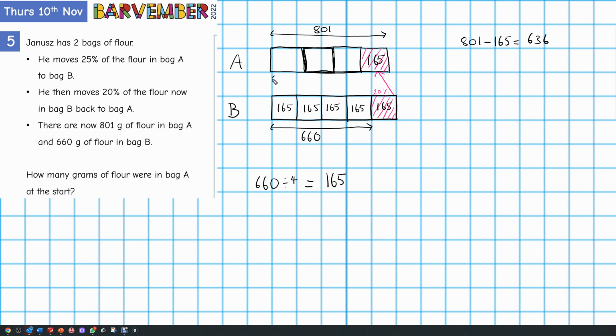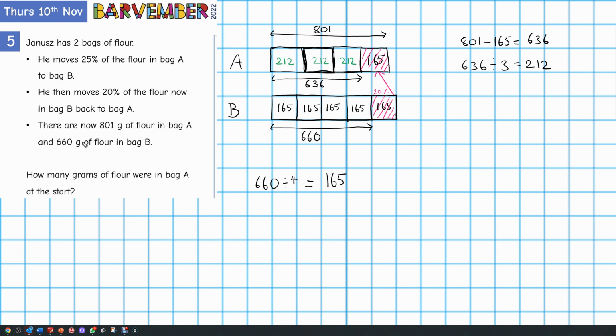So that's that bit here, this is 636. And if I divide 636 by the 3 equal parts, that's going to give me 212. So this is 212, as is this, as is this.